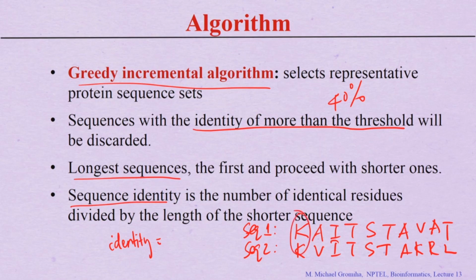Right, this is same, 2, 3, 4, 5, 6 by 10, this is equal to 60%.